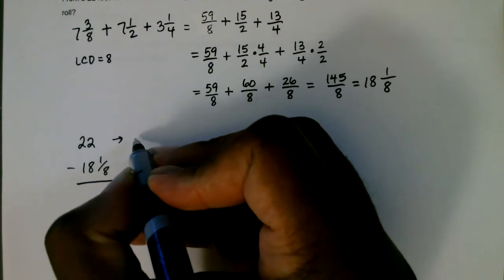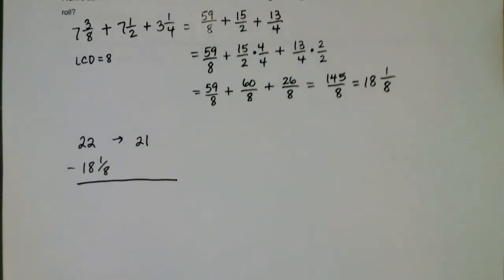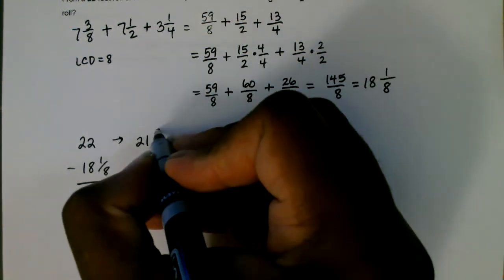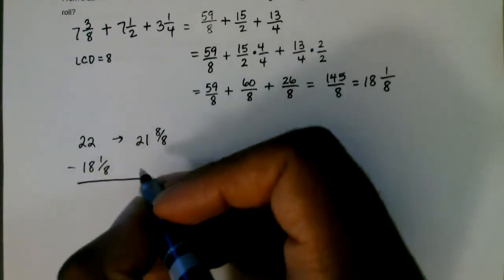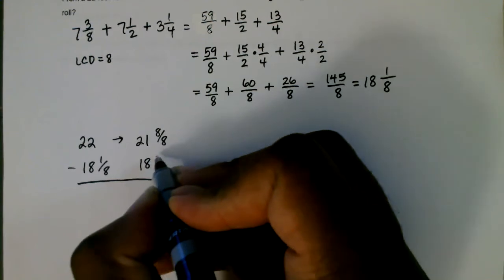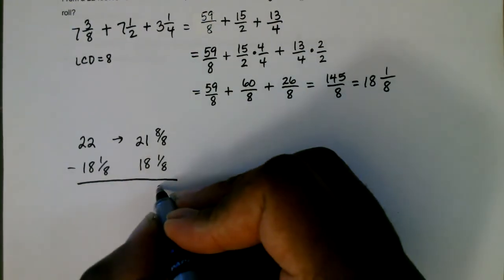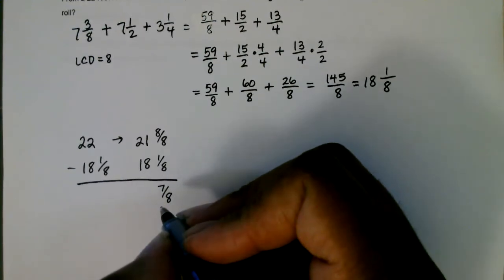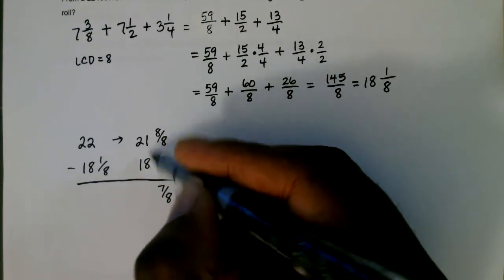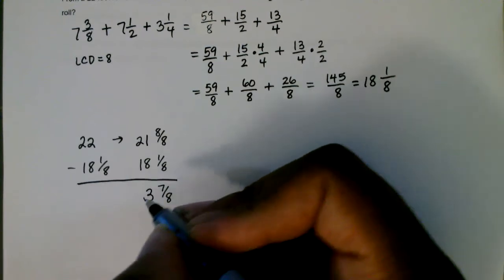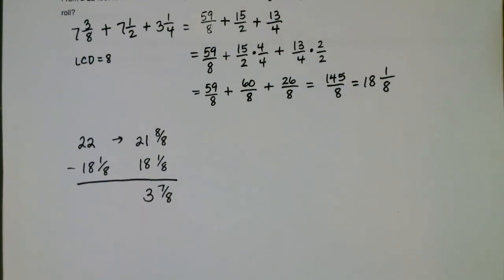I'm going to take 1 from the 22, that'll make that 21, and convert that 1 whole. How many 8s are there in 1 whole? 8 over 8. And then we can subtract 18 and 1/8 from that. So 1/8 from 8 over 8, that's 7 eighths. And 18 from 21 would be 3. So there are 3 7/8 feet of rubber hose left.